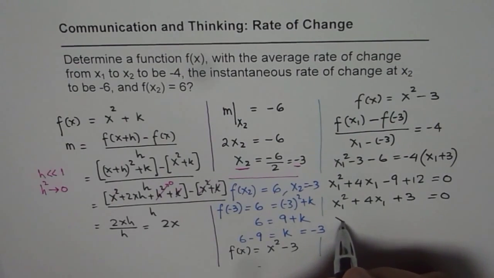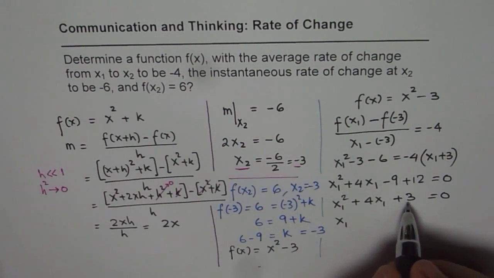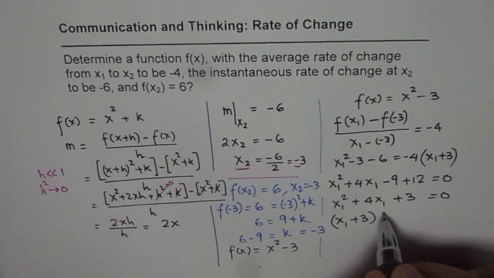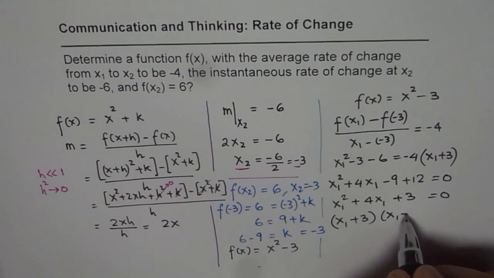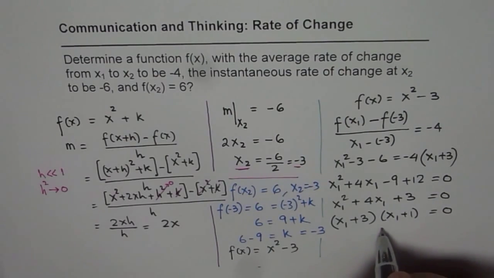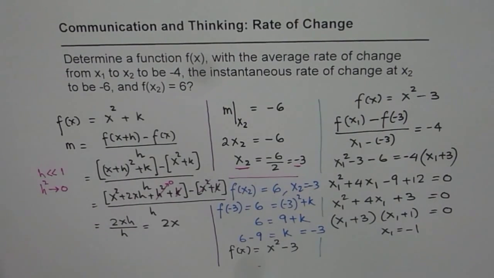So now I can factor this. It is x1 plus 3 times x1 plus 1 equals 0. Now this equation is true for x1 equals minus 3 or minus 1. So we can take x1 as minus 1, right? So x1 equals minus 1 gives us the solution.